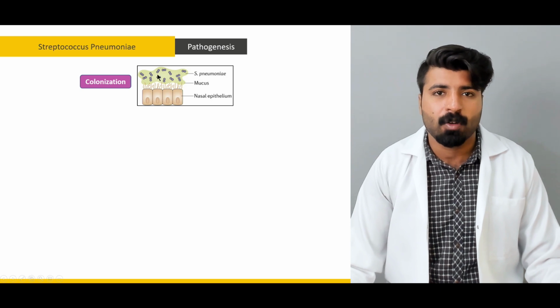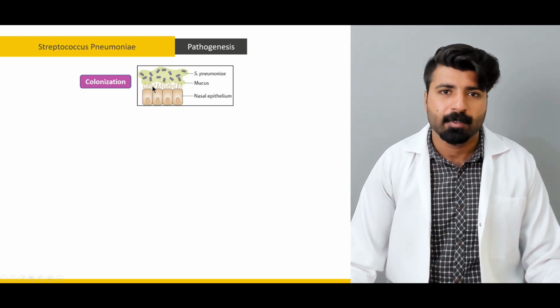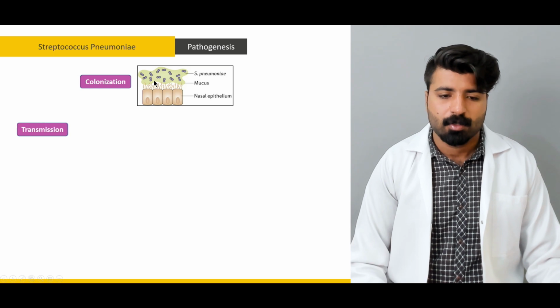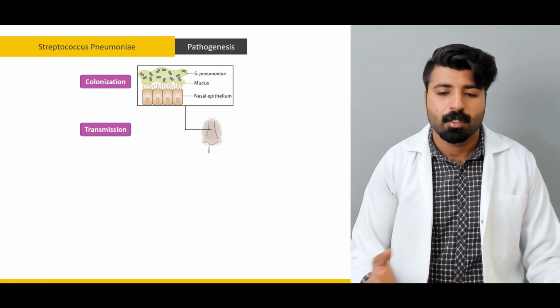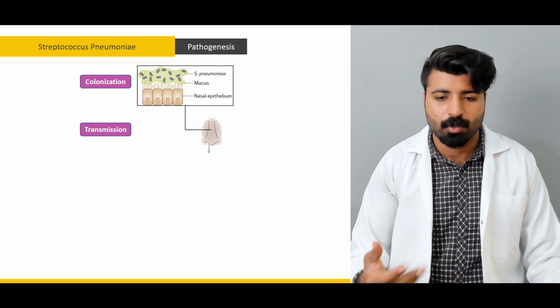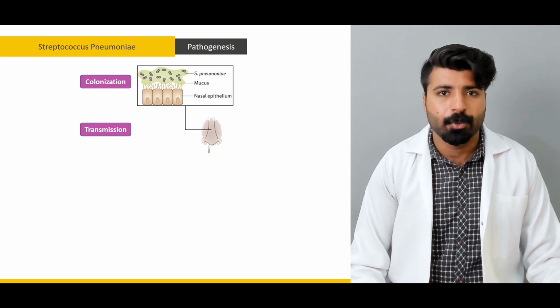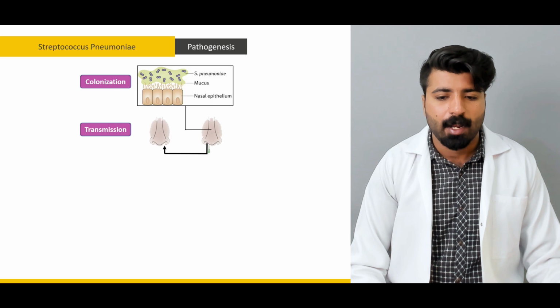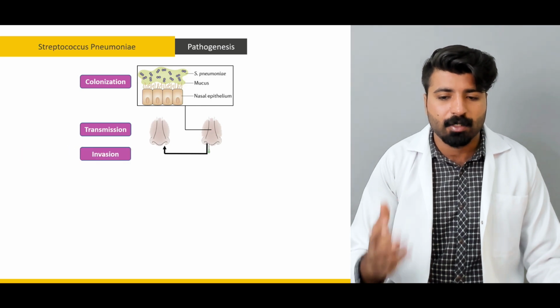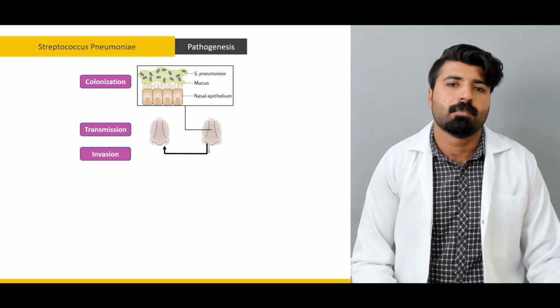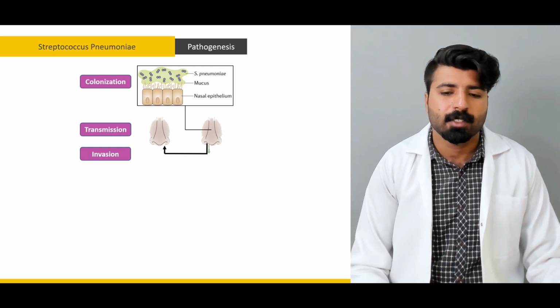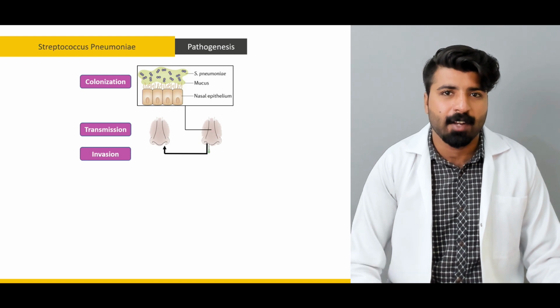Streptococcus pneumonia colonizes very rapidly. So what will happen? It will get transmitted through your nasal cavity. You will have a runny nose throughout the day, and when that runny nose is happening, you will try to take it back in. So what will happen? Invasion will happen.